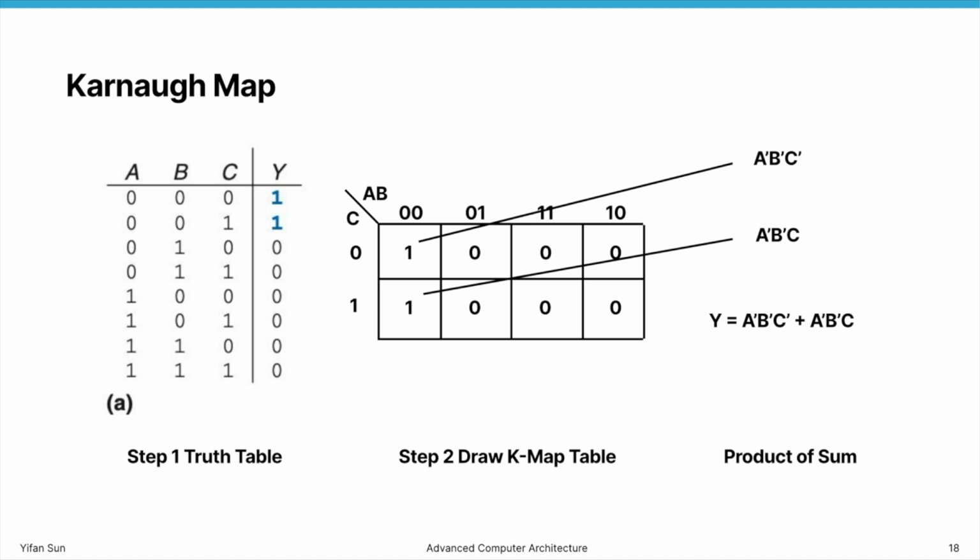This is how we're going to implement it. Now, if we simplify it by hand, yes, we can simply do this: A prime, B prime, times C prime plus C. Then we know C prime plus C is 1, right? So then it's not important anymore. Then the result is A prime, B prime. So we know it can be simplified in this way.